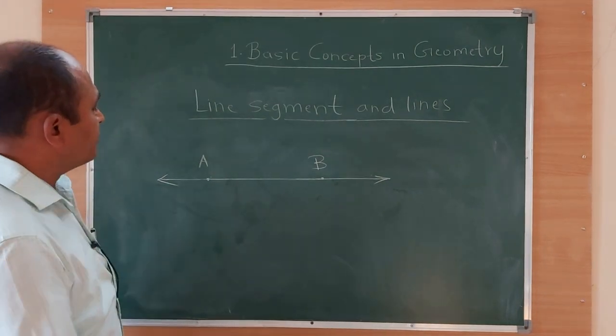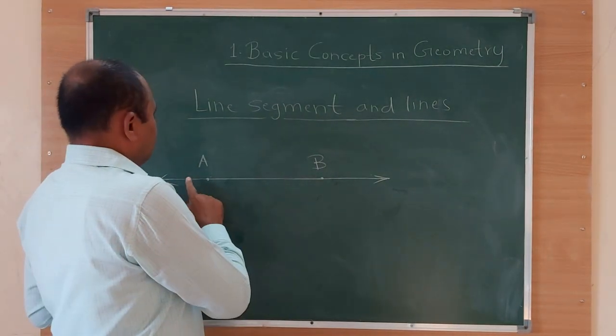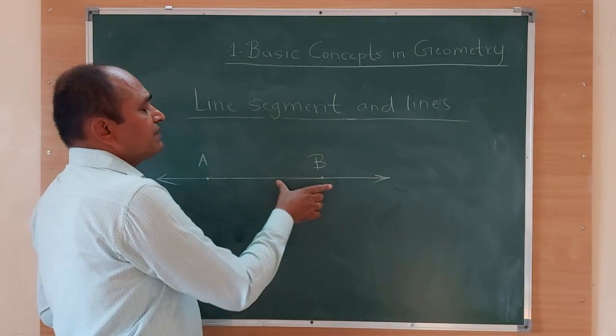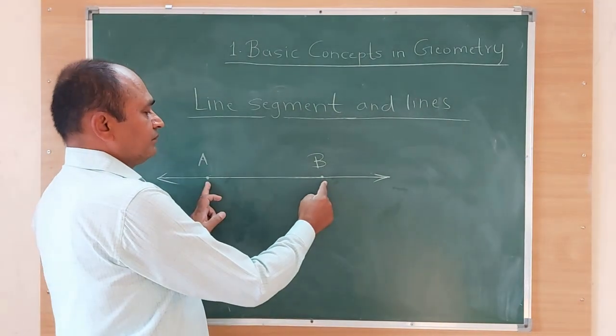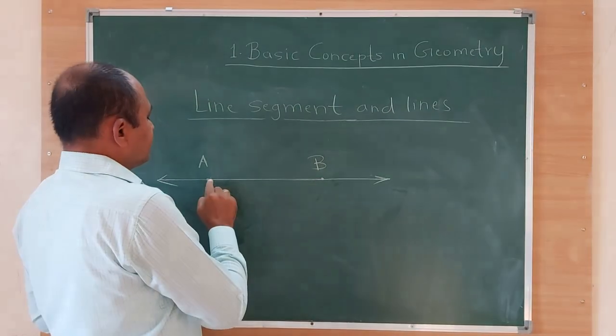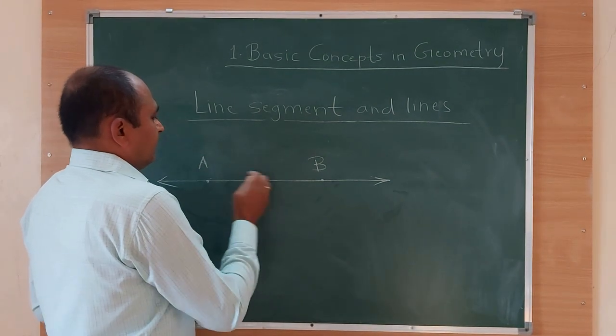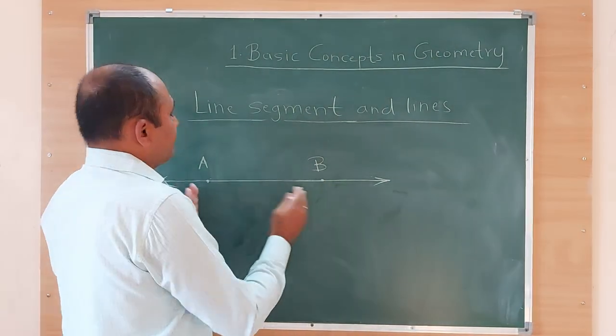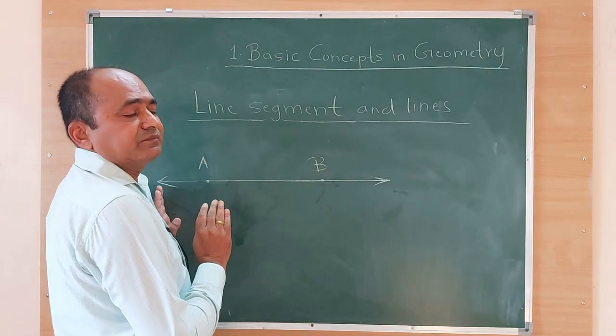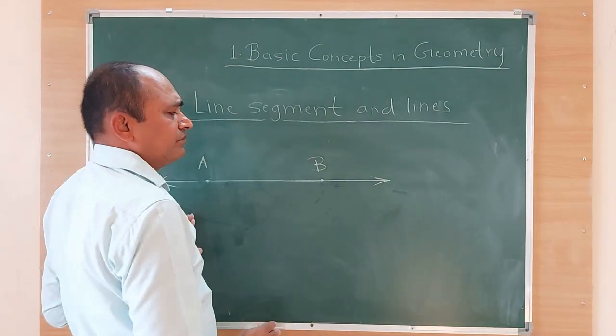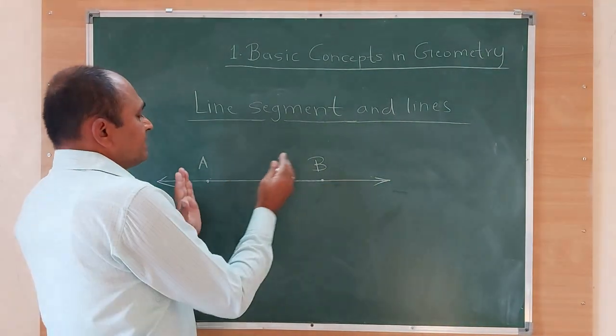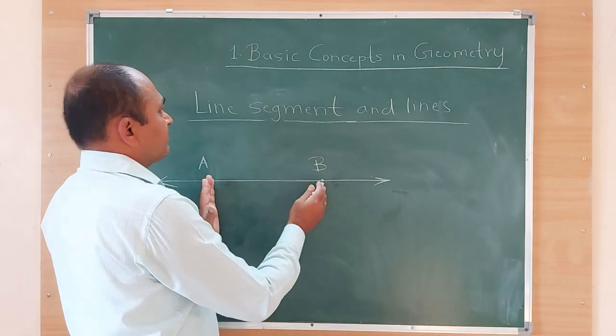So now children, these are the 2 points on this line. So I can call it a segment which is on this line. This is a line, big line. There is no limit for this line, but this is a small part of that line, means segment.